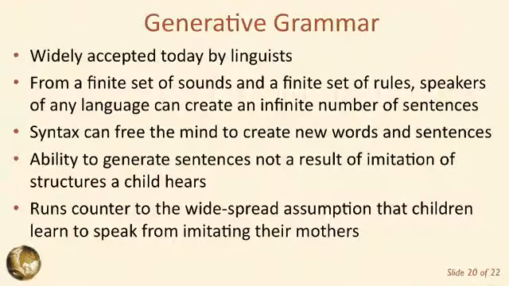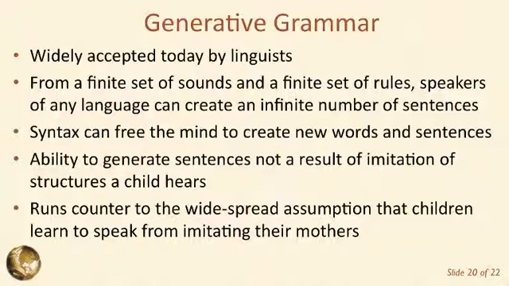One of the things, however, that is accepted in terms of Chomskyan linguistics is this idea of generative grammar. And this is the idea that from a finite set of sounds and rules, so we know, for example, in English, there are only 45 sounds, phonemes, and there are a particular set of rules for how sentences are put together, another syntax.